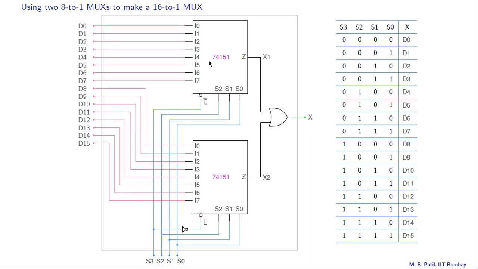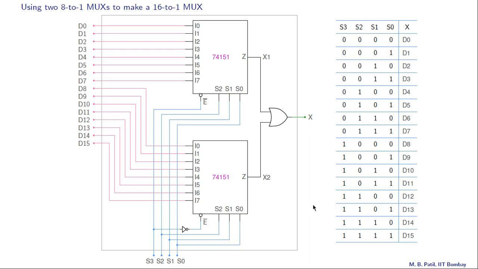That means this line I3 gets connected to Z here. And what is line I3? Line I3 is the same as D3, so that D3 gets connected to Z. So our x1 is equal to D3, and therefore x, which is equal to x1, is also equal to D3. So we do have then the expected output in this case.